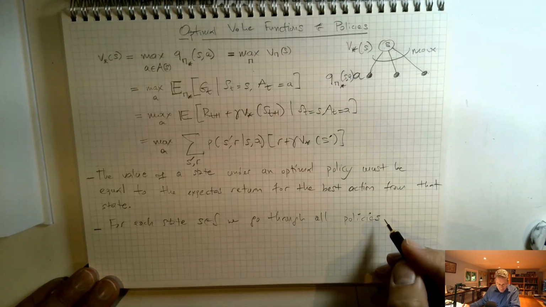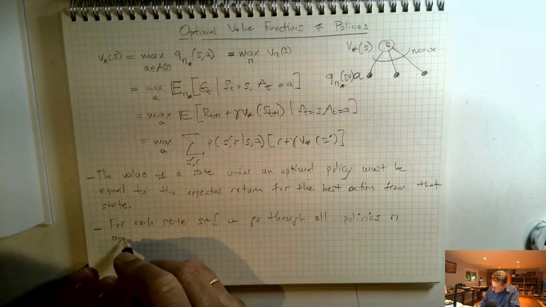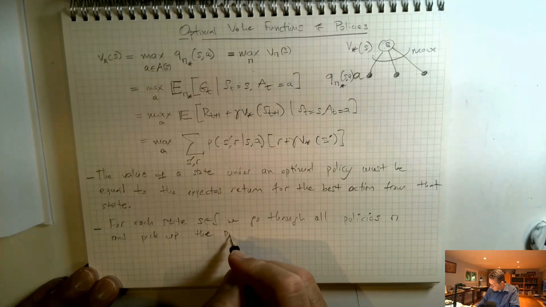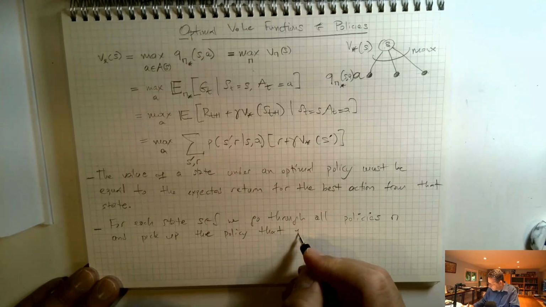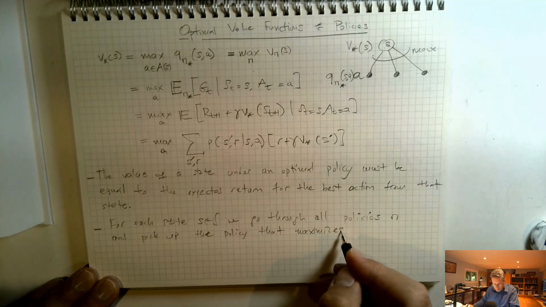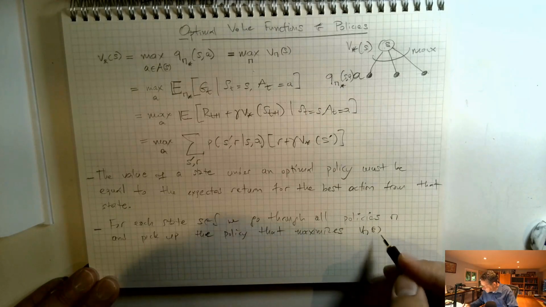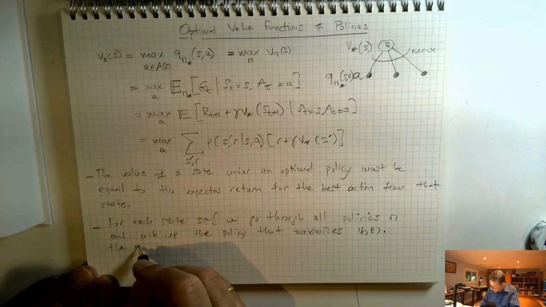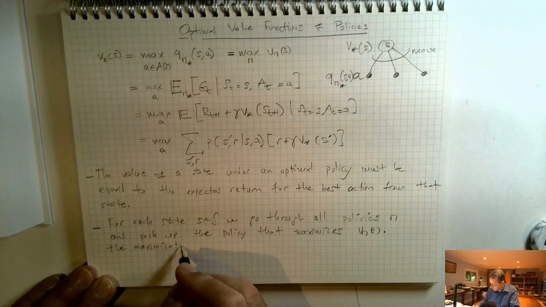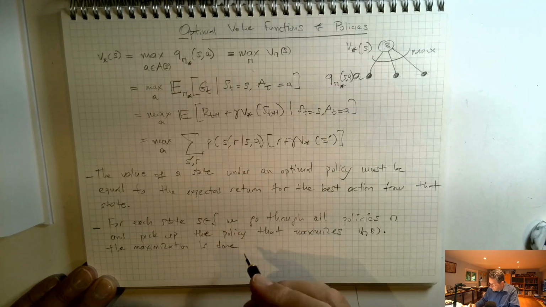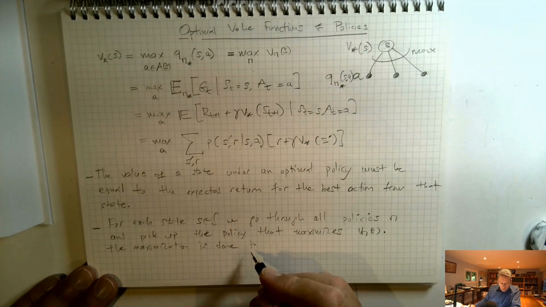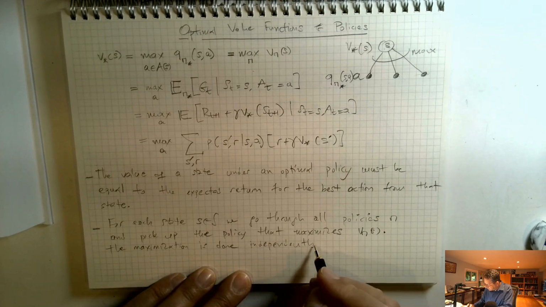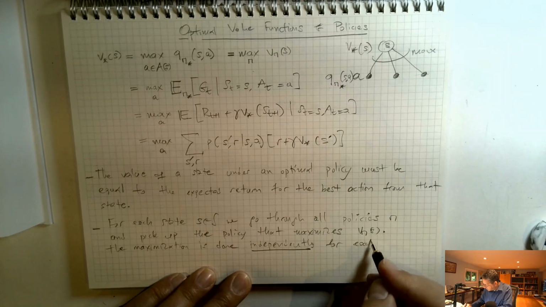We go through all policies pi and pick up the policy that maximizes V pi of S. The maximization is done independently for each state.